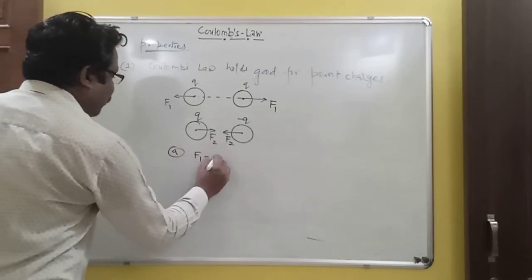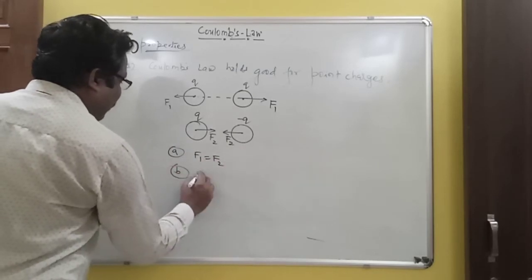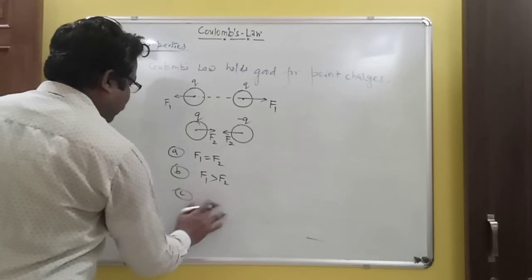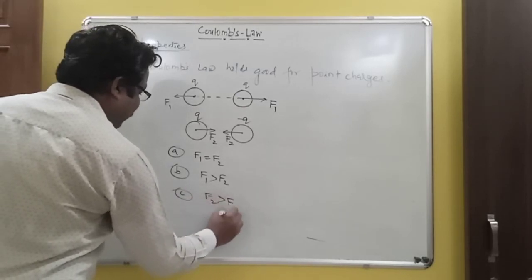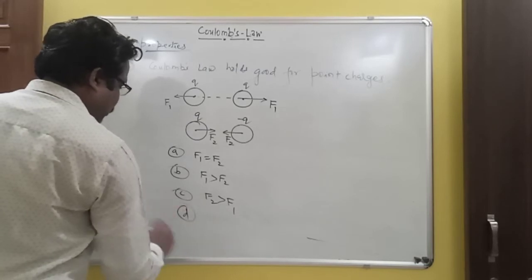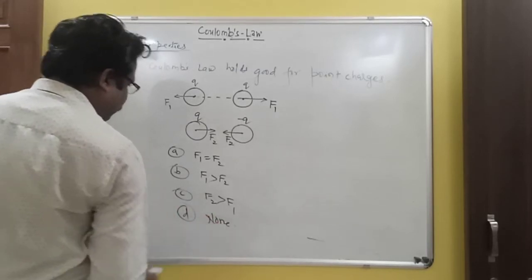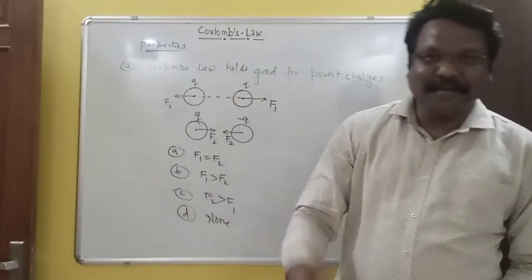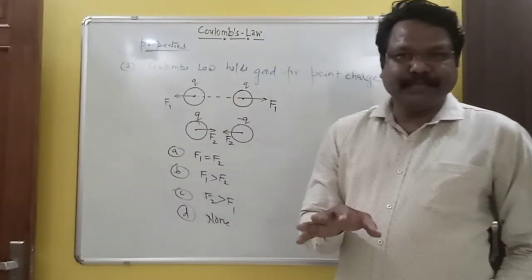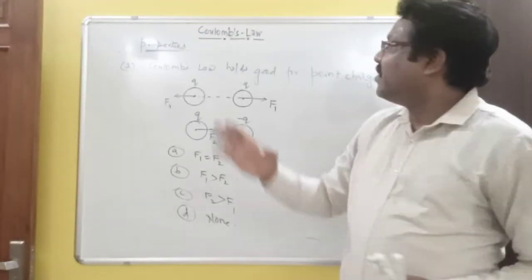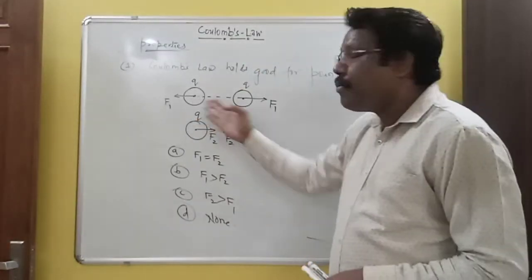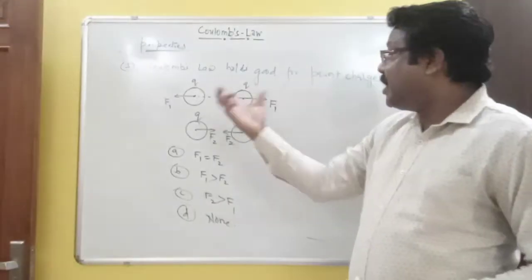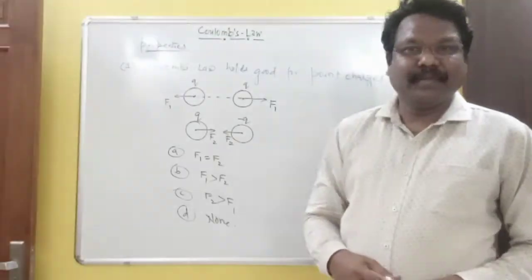Whether the forces will be equal, or F1 greater than F2, or F2 greater than F1, or none of these. What would you predict here? The job is very simple. Be careful. It is strictly given for point charges, but these are not point charges. These are some heavy bodies, right? Because the separation between them is small.